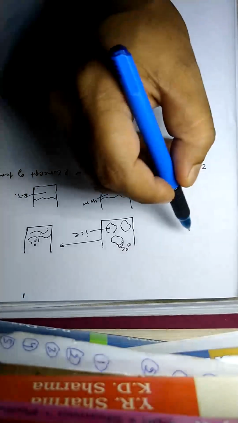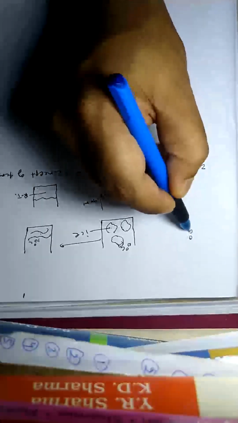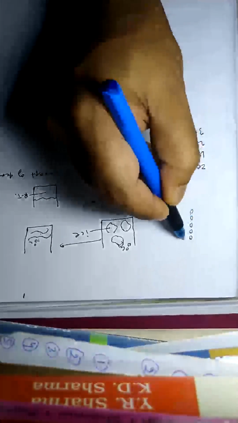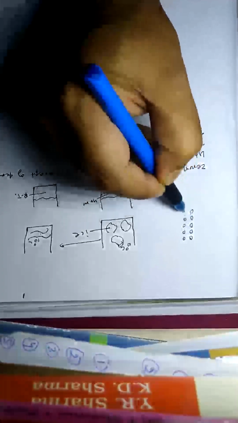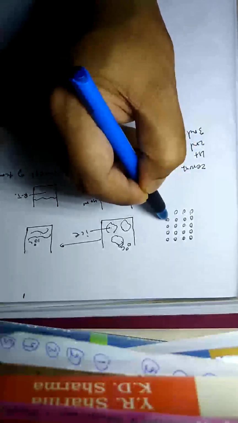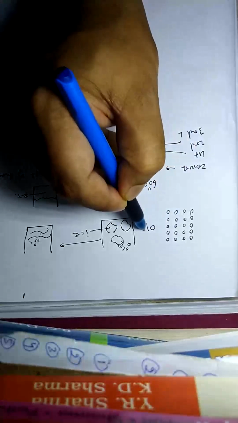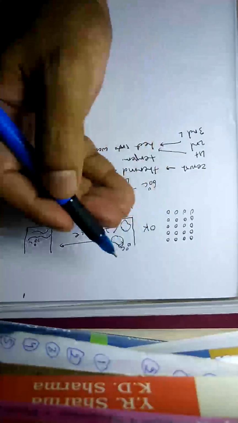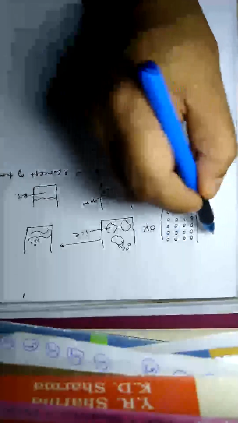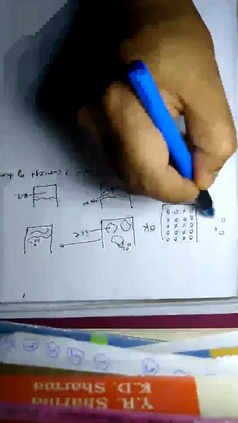Suppose these are the atoms, all in an ordered form. This is only possible at 0 Kelvin. But when the temperature increases, these atoms start to vibrate from their positions.